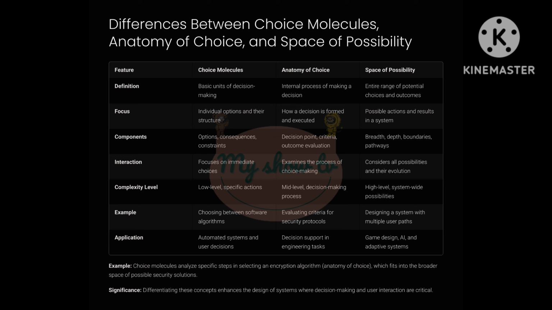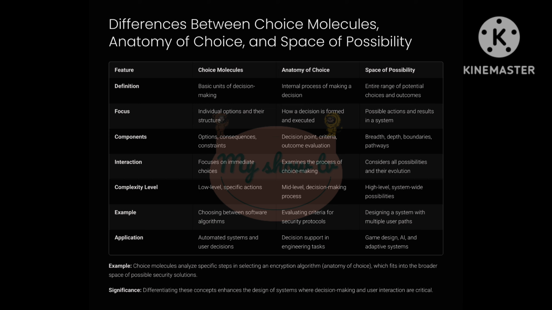7. Application. Choice molecules: used in automated systems and user decisions. Anatomy of choice: applied in engineering decision support systems. Space of possibility: critical for game design, AI, and adaptive systems. Example: when choosing an encryption algorithm, choice molecules analyze each algorithm's pros and cons.